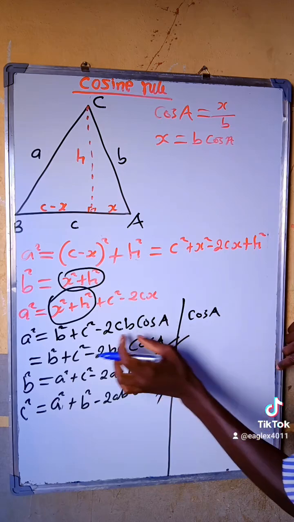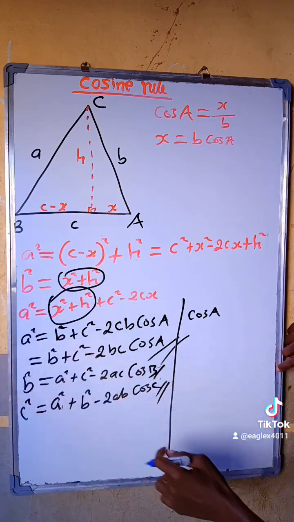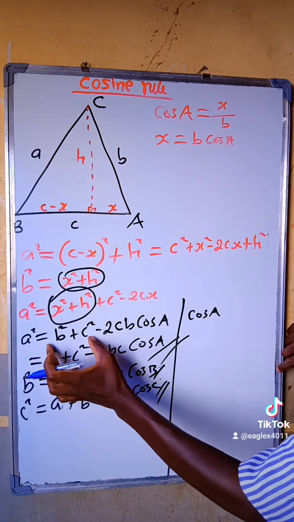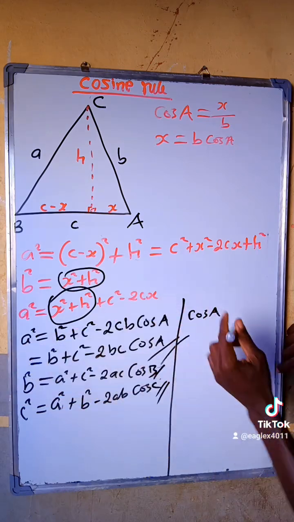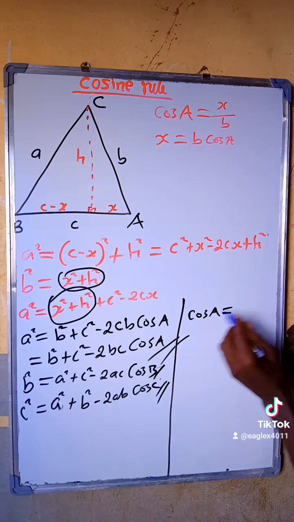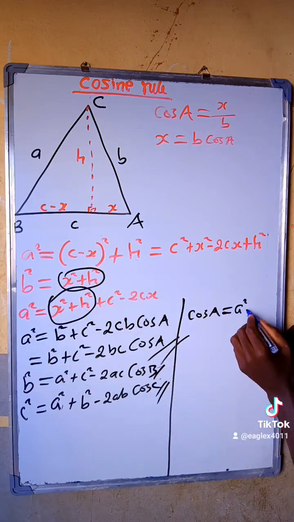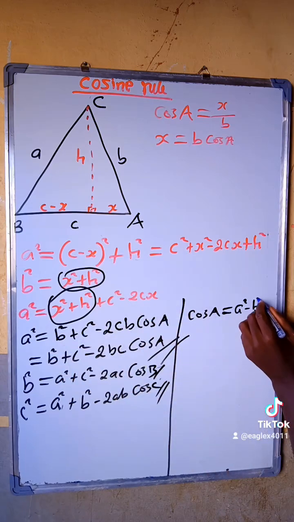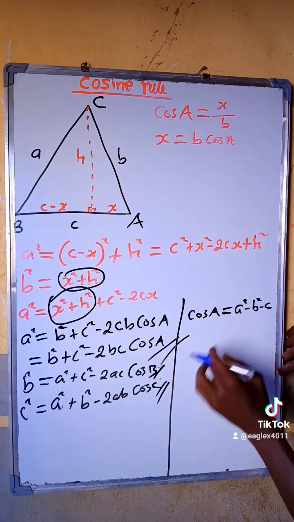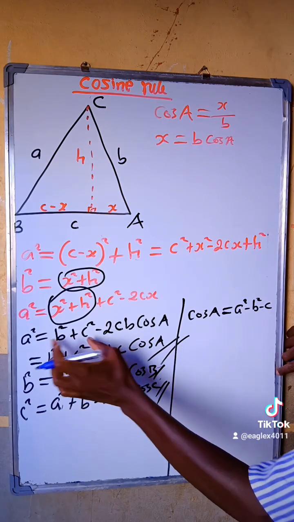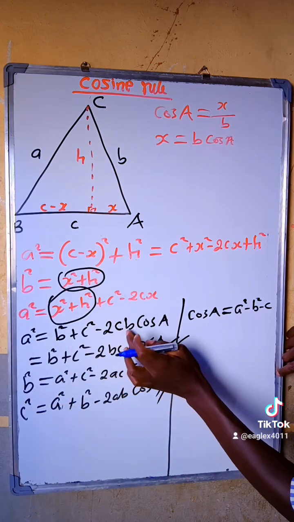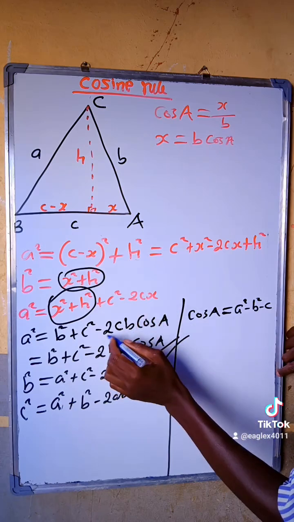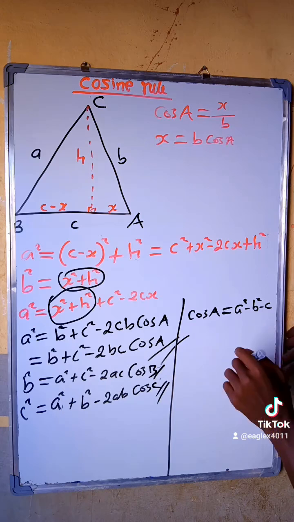If you take b square and c square to the other side, we already have our a square here, so a square minus b square minus c square. What will remain on the other side is minus 2bc cos A. Divide both sides by minus 2bc.